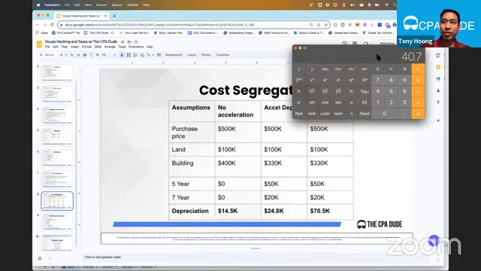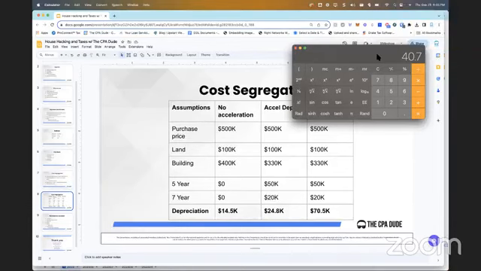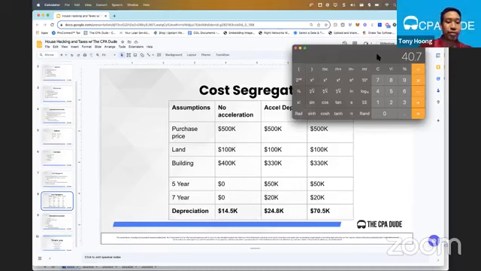Let's guesstimate your loan amount and interest. Everything's escrowed, so it'd be about 3,400. Let's say 80% of that goes towards interest, times 0.8 times 12, so 32 grand interest.